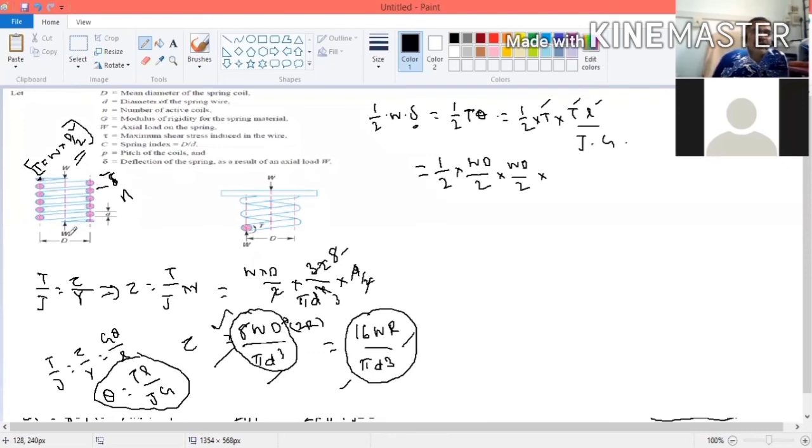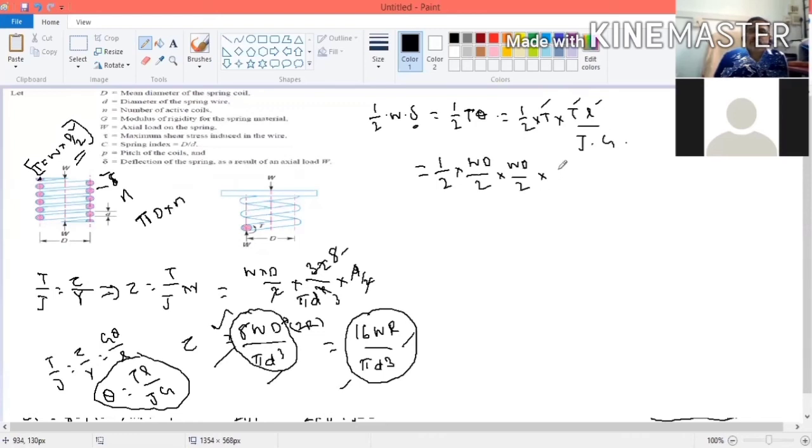The coil diameter is d, so pi into d is the circumference of one coil, multiplied by n, the number of coils. That will give the total length of the wire. So that is L.